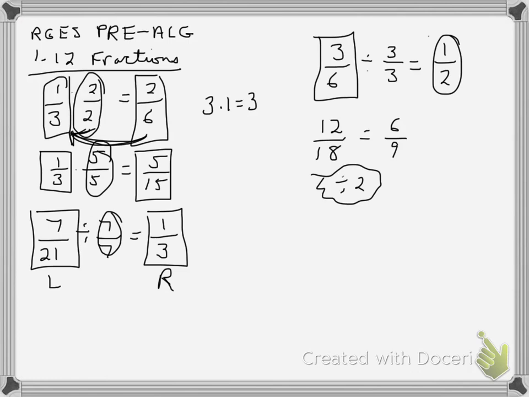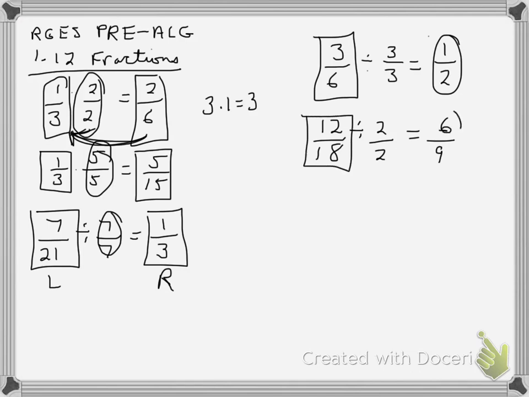Or I could write it out like we did above, dividing by 2 over 2: 12 divided by 2 is 6, 18 divided by 2 is 9. Either way, I don't care if you just start thinking it at this point, as long as you're doing it accurately.